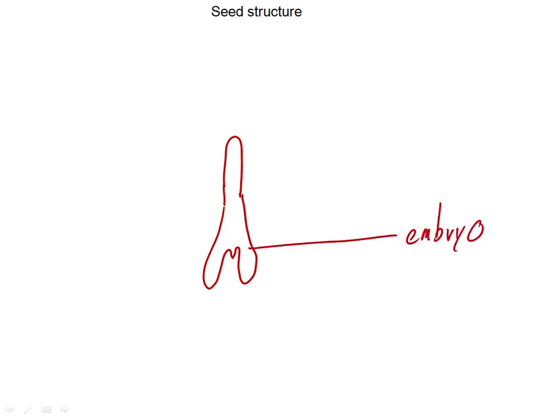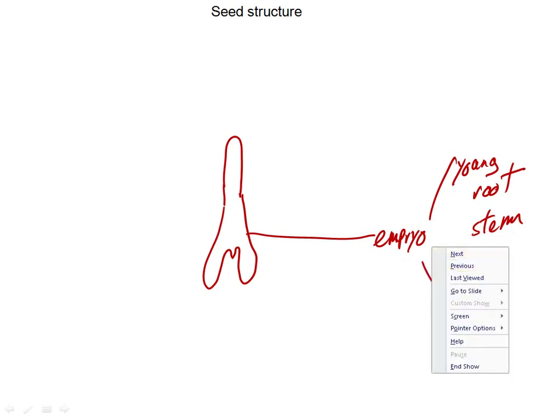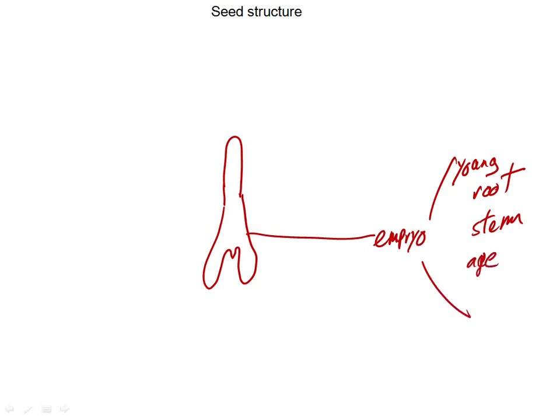It's got different parts to it, and we'll learn technical names for these parts later on, but let me just say that it's got these parts: the young root, stem, apex, and leaves.